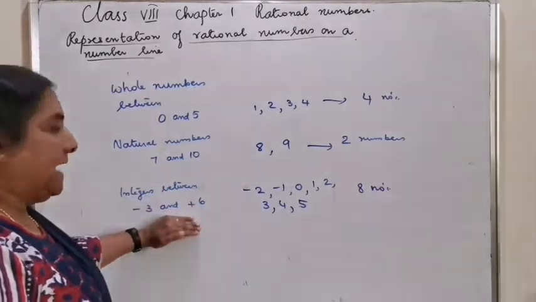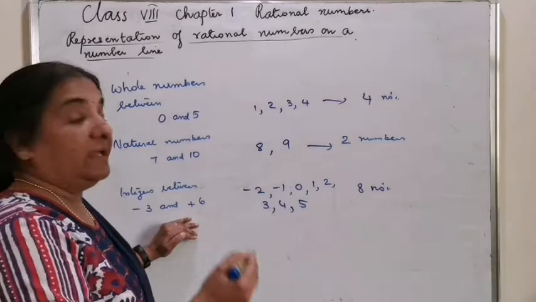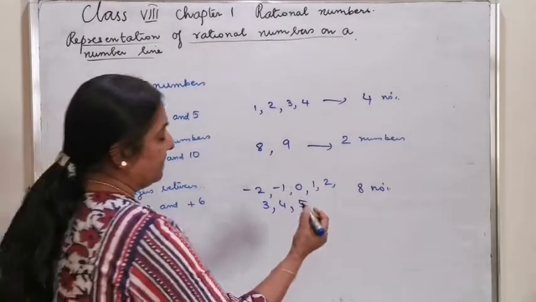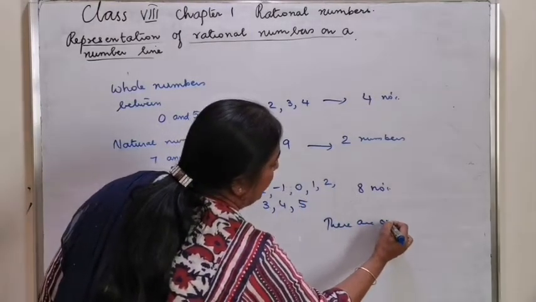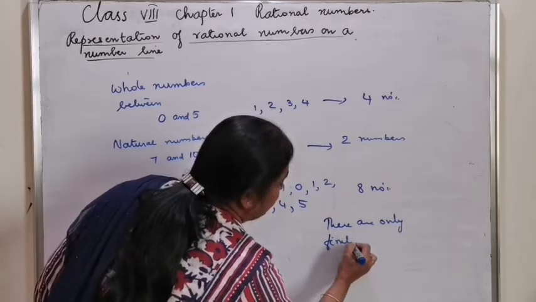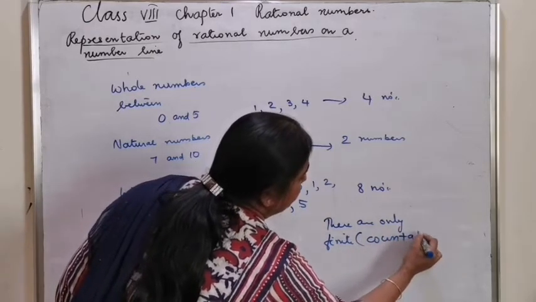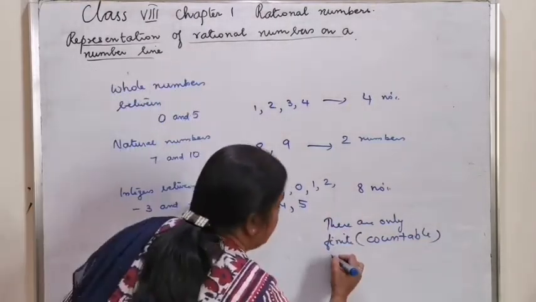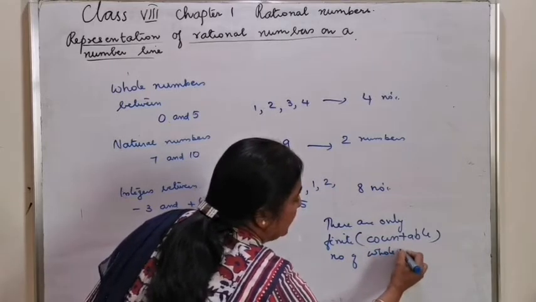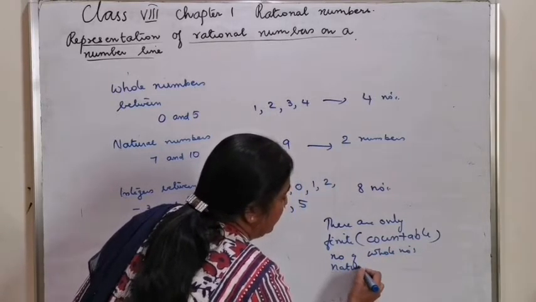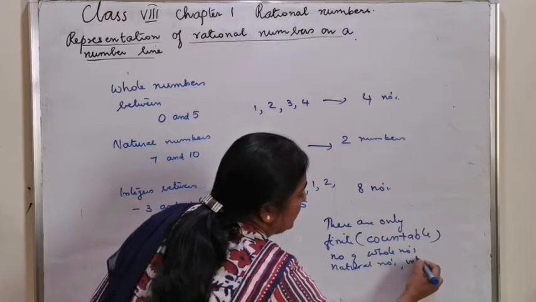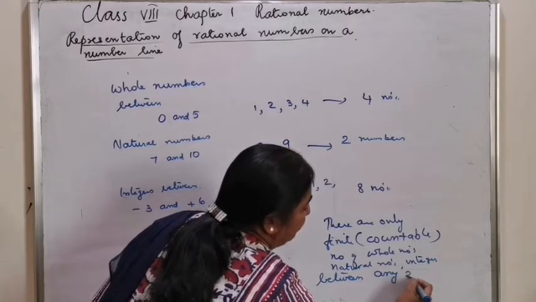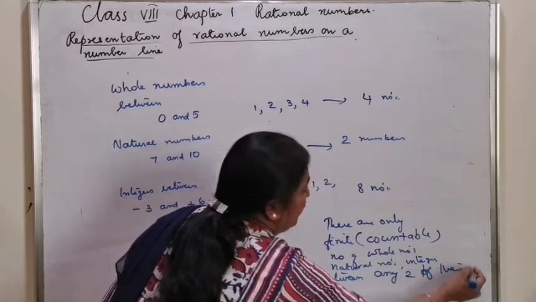Or between any 2 integers, there is only a finite number of integers. That is, there are only finite. Finite means countable. There are only a finite number of whole numbers, natural numbers and integers between any 2 of them.